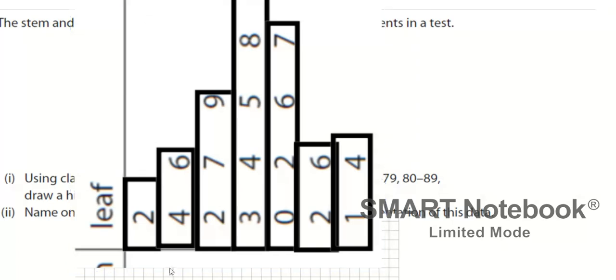So what could that be? That could be 0 to 10, couldn't it? 0 to 10, that's 10 to 20, 20 to 30, 30 to 40, 40 to 50, 50 to 60, and 60 to 70.